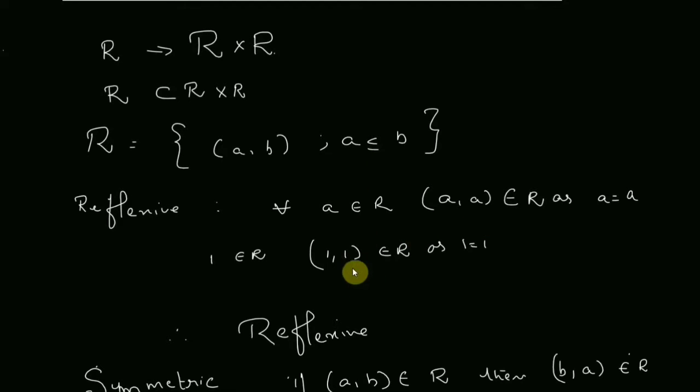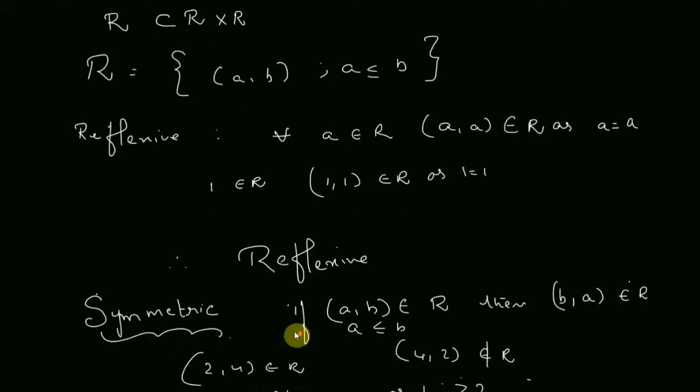So for example, if you take (1, 1), it belongs to R because 1 is equal to 1. So it is reflexive.